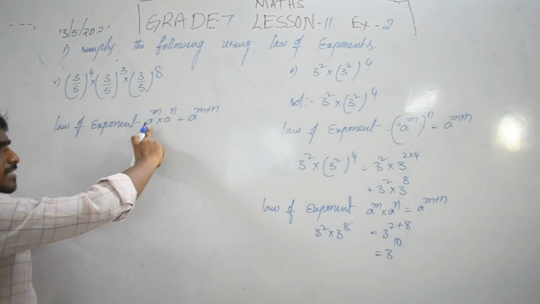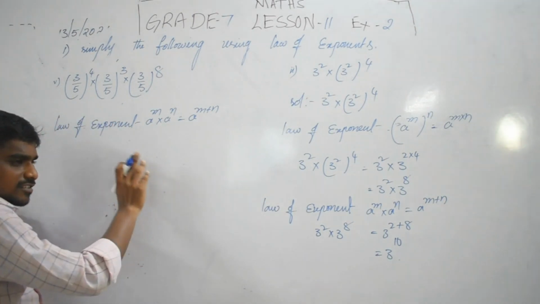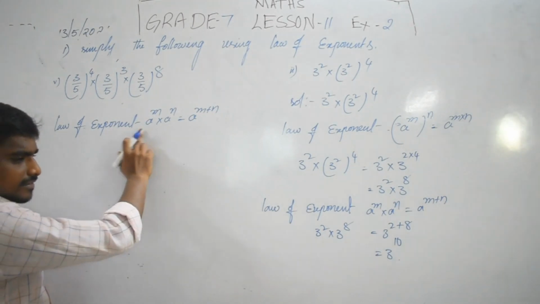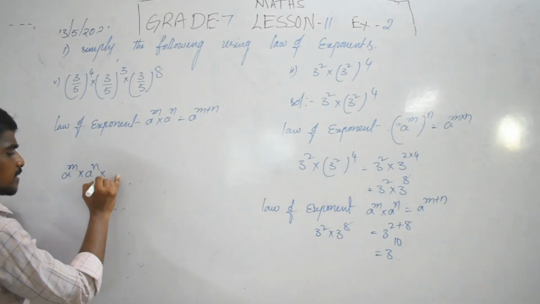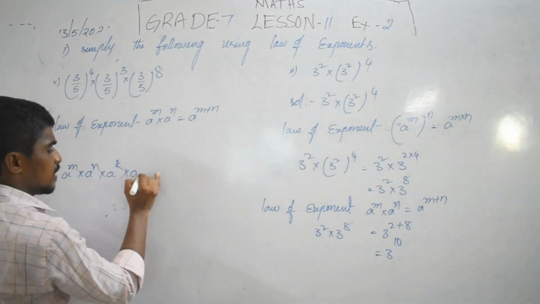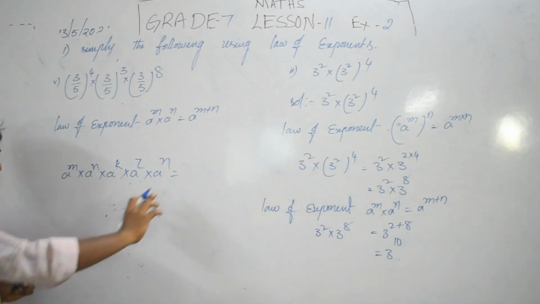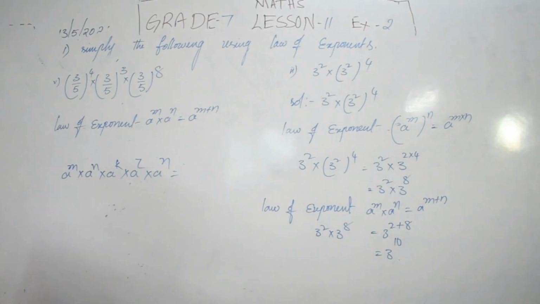When many exponential forms are given, first check whether the bases are equal or not. Here a power m, a power n, a power k, a power z, all bases are equal, so the powers are simply added.